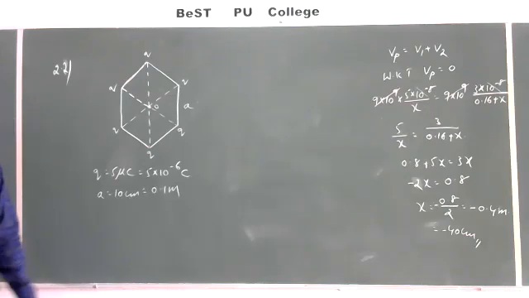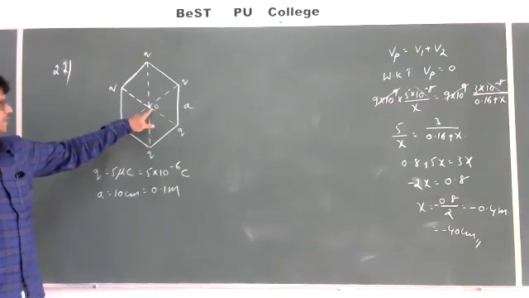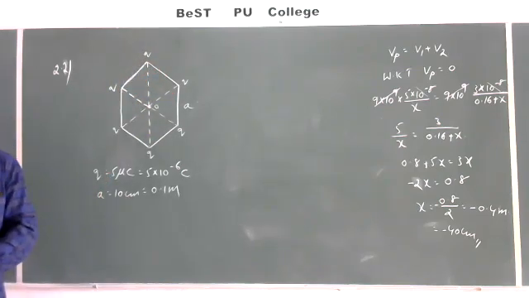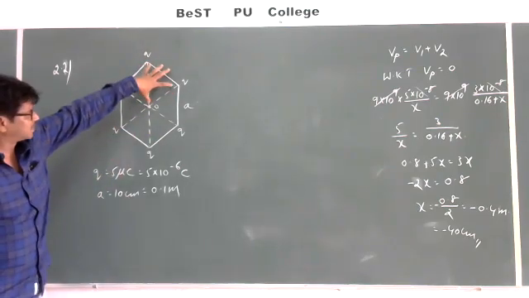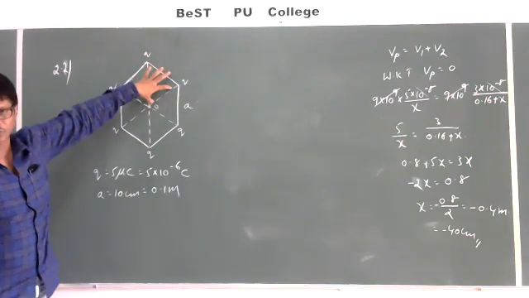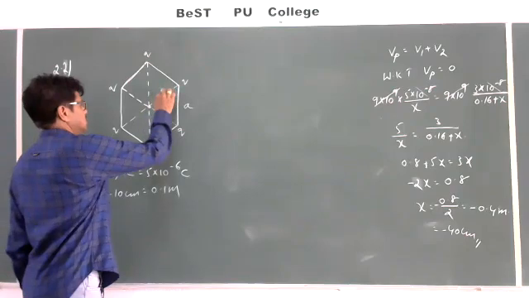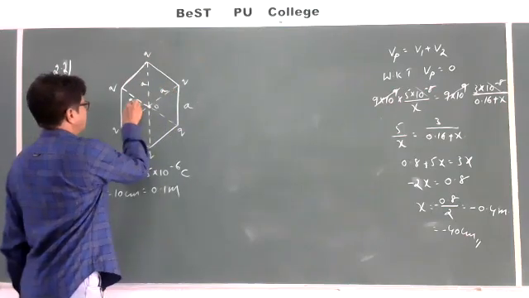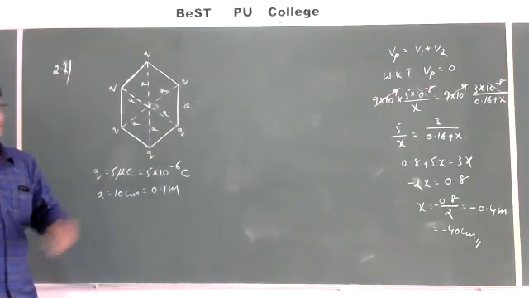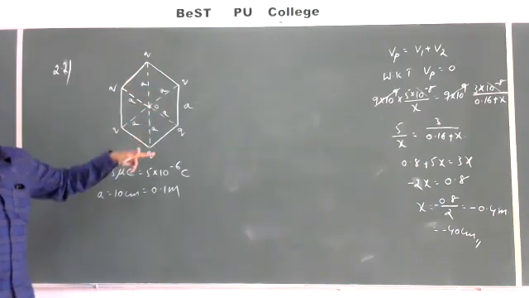Now, as we know, the center point in a hexagon is equidistant to all the corners. And the distance of the center from the corner will be always equal to the side in case of a hexagon. That is nothing but this distance is also a. So the distance of the center from each corner is the same, which is equal to A.